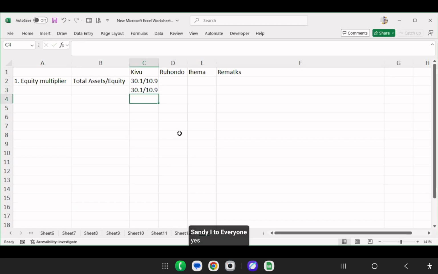So if I put it there, how much is this? This is equal to 30.1 divided by 10.9. I think that is it. Please, can we confirm that that is correct? Let me see whether we are moving together.